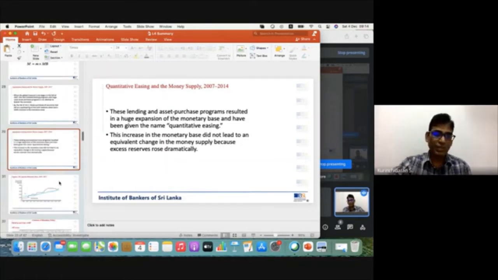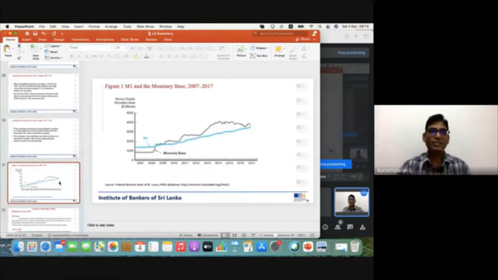Okay, so now you could see in this chart, starting from 2007 to 2017, this is the monetary base, and this is M1. You could see up to 2008, the monetary base was below M1, but then it increased above M1.